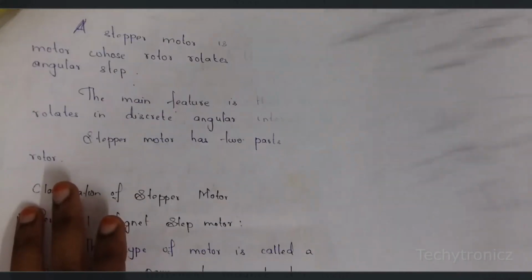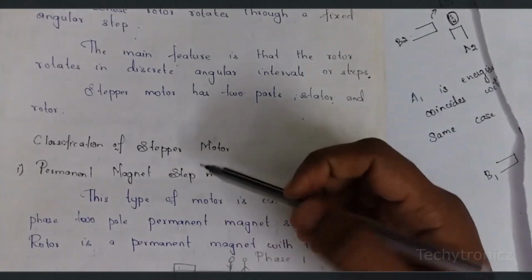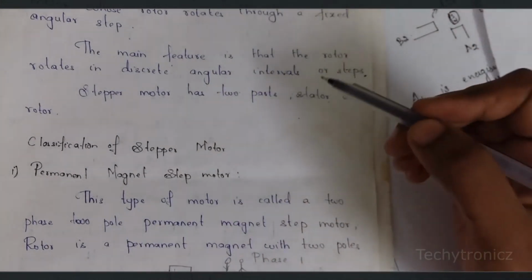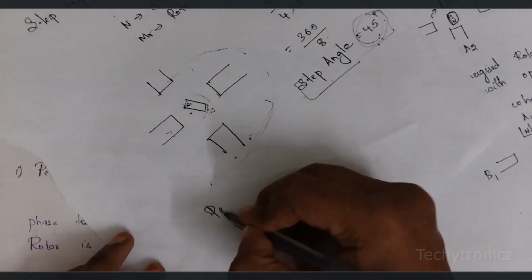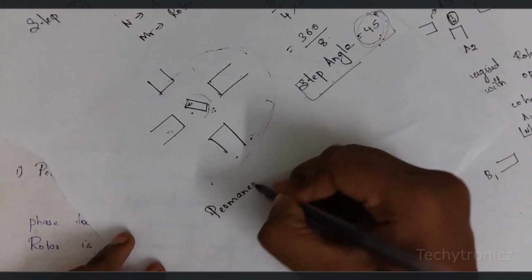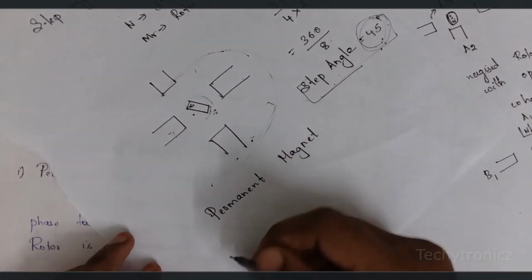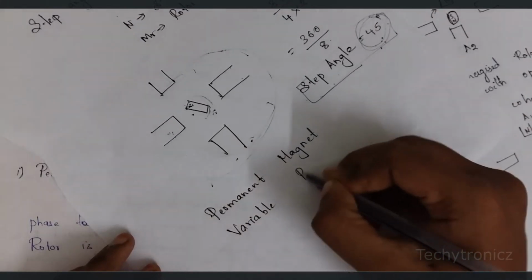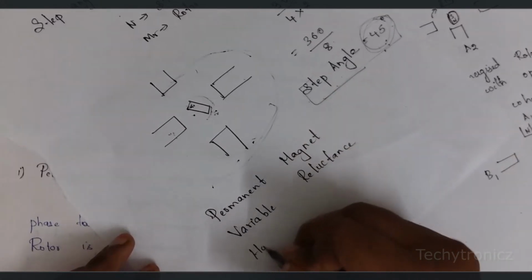Here we have different types of stepper motor: permanent magnet stepper motor, variable reluctance stepper motor, and hybrid stepper motor.